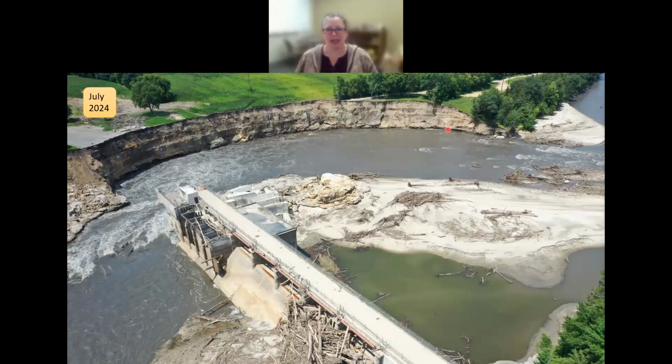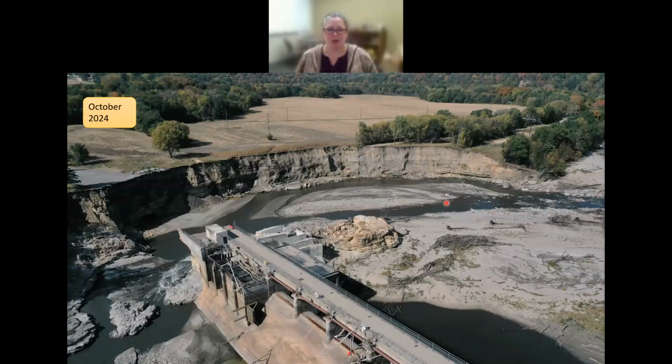This is July, this summer, with the drone. We went out in October and the flow is quite a bit lower, so it's interesting to see some of this. It eroded just a little bit more in those few months. When we have high flows, depending on how much snow we get this winter, who knows what'll happen here next year.